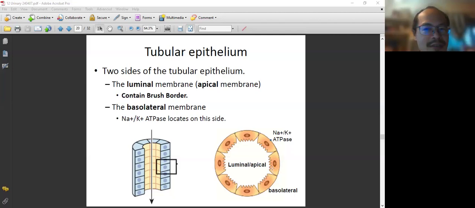However, the location is critical. Let me use drawing first. When you have this sodium potassium pump, you pump sodium out, potassium in. If you have the pump right here in the apical side, you're going to pump sodium out.